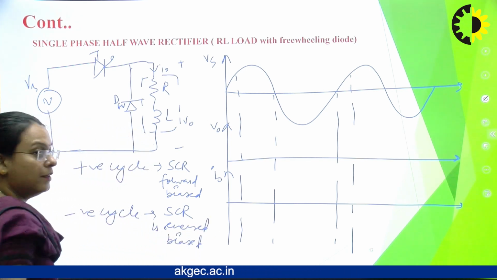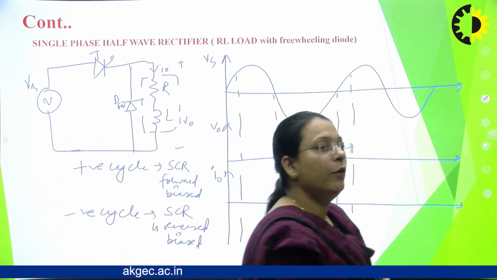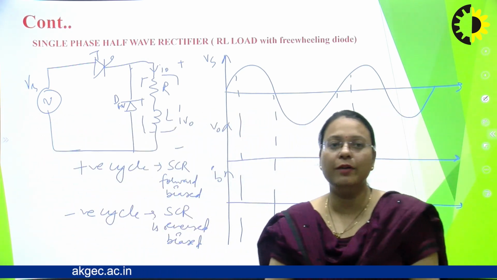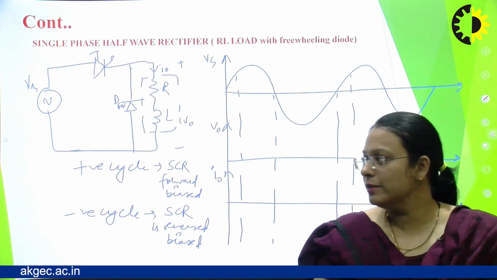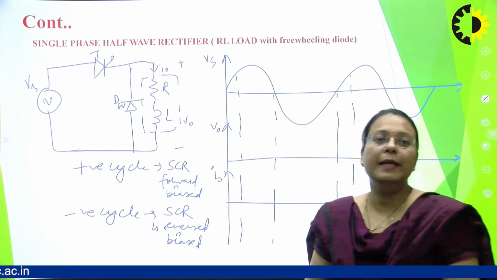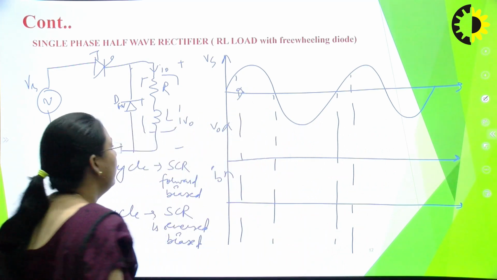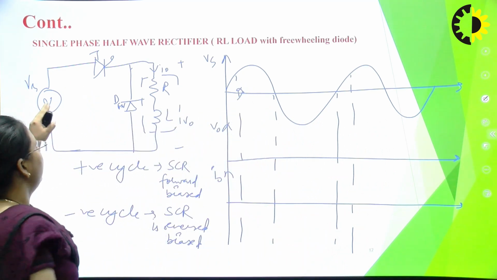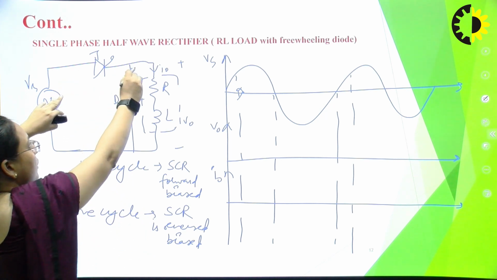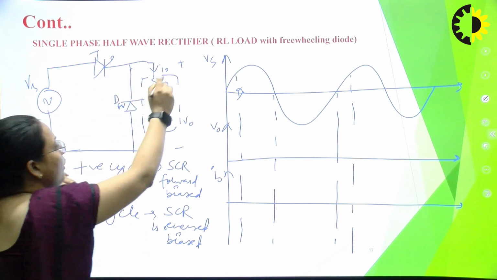The thyristor is forward biased, but it will get turned on only when it gets the firing pulses at the gate terminal. So at, let's say, omega t equals alpha, the thyristor gets the pulses and the load current will flow from Vs through the thyristor to the RL load and back to Vs.